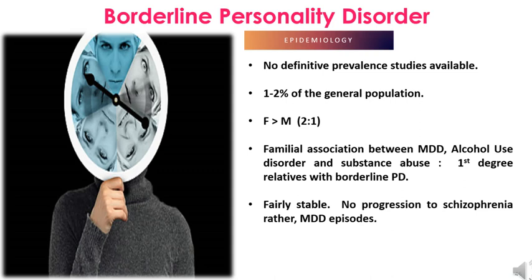Borderline personality disorder is fairly stable. Patients change little over time. Longitudinal studies show no progression towards schizophrenia, but patients have a high incidence of major depressive episodes. The diagnosis is usually made before the age of 40 years, when patients are attempting to make occupational, marital, and other choices and are unable to deal with the normal stages of the life cycle.